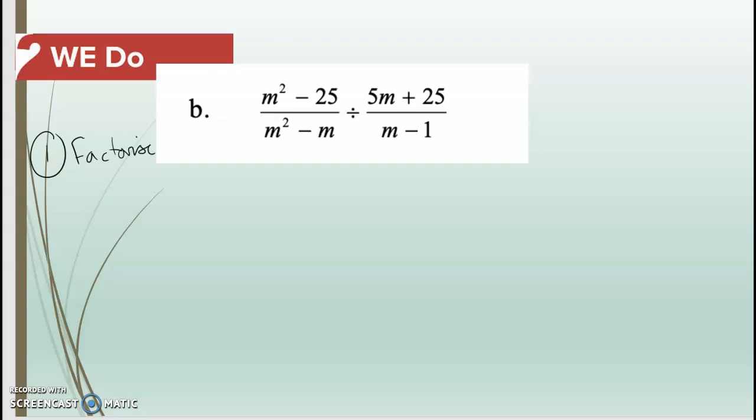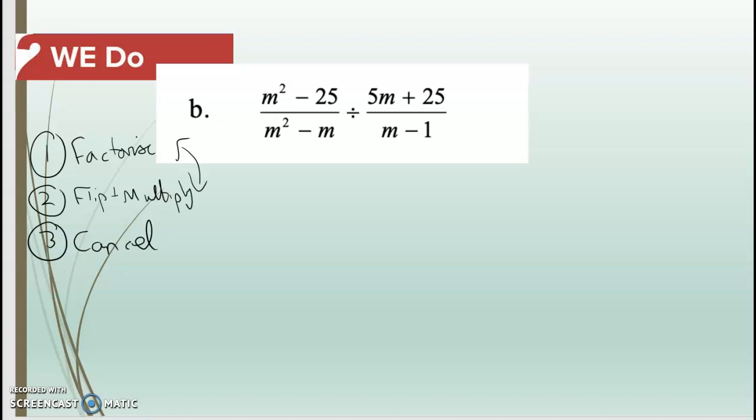And then I'm going to flip and multiply. And then I'm going to cancel. These two top steps are interchangeable though. If you want to set it up first as a multiplication, or we can just start factorizing.